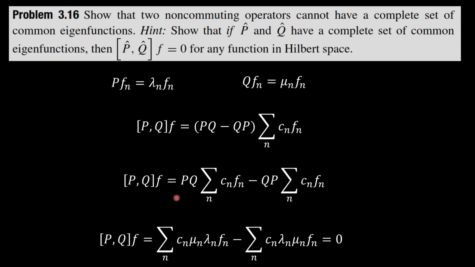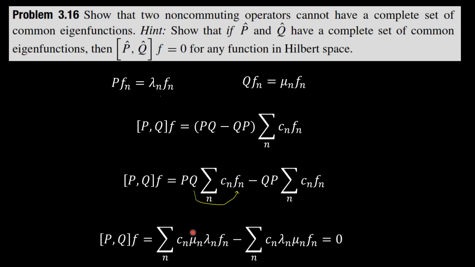So you take the first case. What will happen when q acts on f n? Q acting on f n gives rise to the eigenvalue mu n.